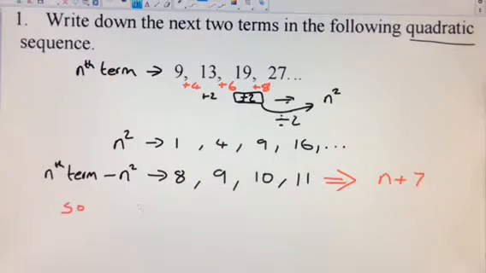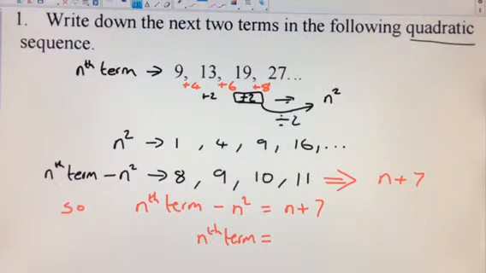So the nth term take away n squared equals n plus 7. Yes, that equals that, which it does. And my answer therefore is that the nth term must be, if I add n squared to both sides, n squared plus n plus 7. And that's how I find the nth term to my sequence.